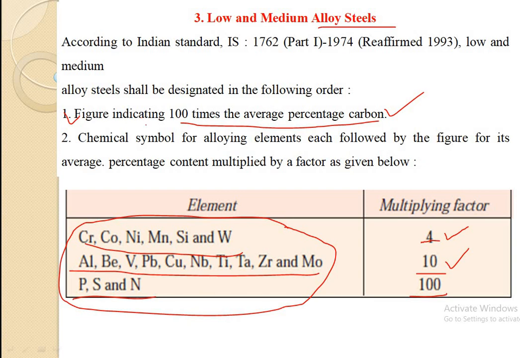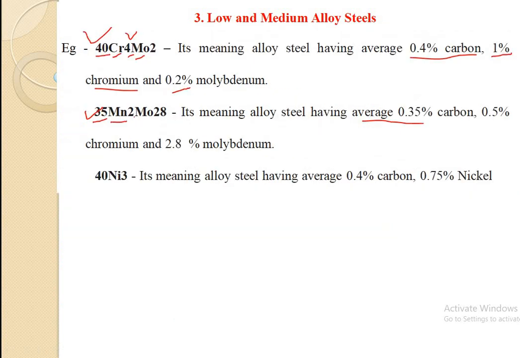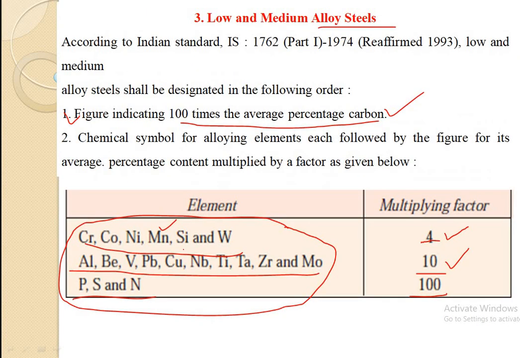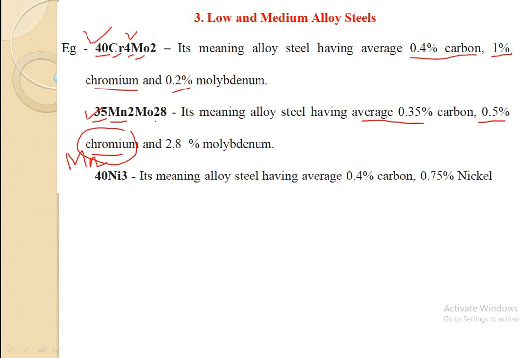The multiplying factor for manganese is 4, so we divide this 2 by 4 and get 0.5 percentage of manganese. It is manganese, not chromium. Then molybdenum: the multiplying factor is 10, so we divide this 28 by 10, giving 2.8 percentage of molybdenum.